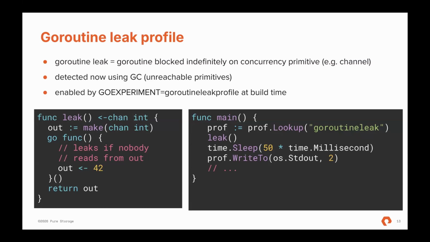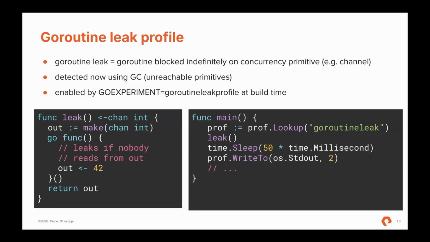It was very difficult up until now to detect those, but in this version of Go, a special profiler, goroutineleak, was added. By enabling it with the GOEXPERIMENT environment variable, it's possible to detect these leaked goroutines.